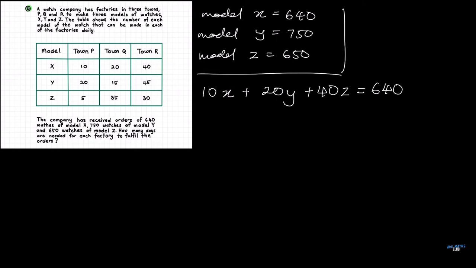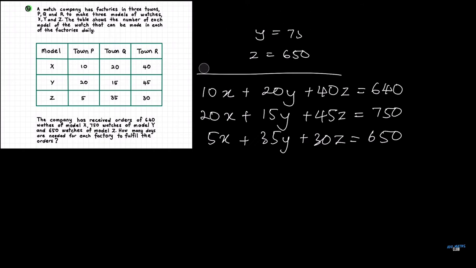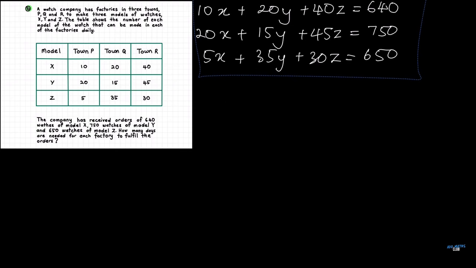My second equation will be 20X tambah 15Y tambah 45Z sama dengan 750. And finally, 5X tambah 35Y tambah 30Z sama dengan 650. So, I can actually erase this off. Tak perlu dah ni sebab saya dah masukkan dalam equation. Now, I'm gonna select this thing, pindah ke atas. Okay, better now.